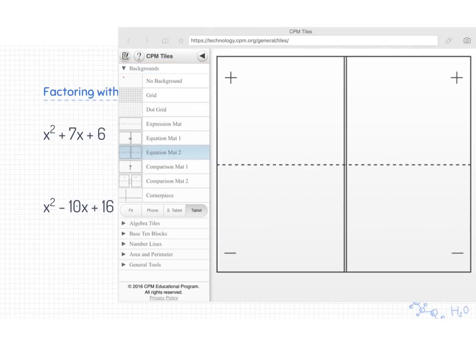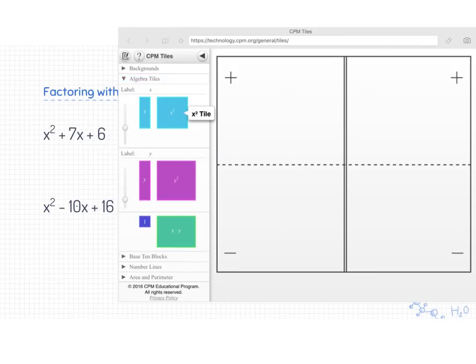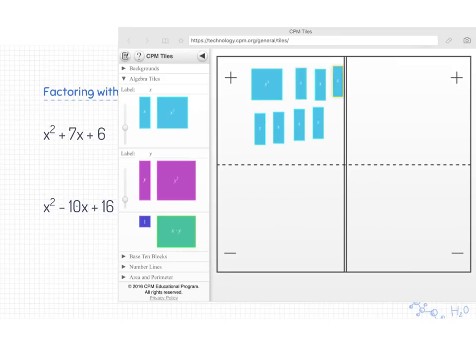As we look at this, we have an x squared. I'm just going to stack them all up here at the top. And we have 7 x's. And then 6 units, so 6 ones.